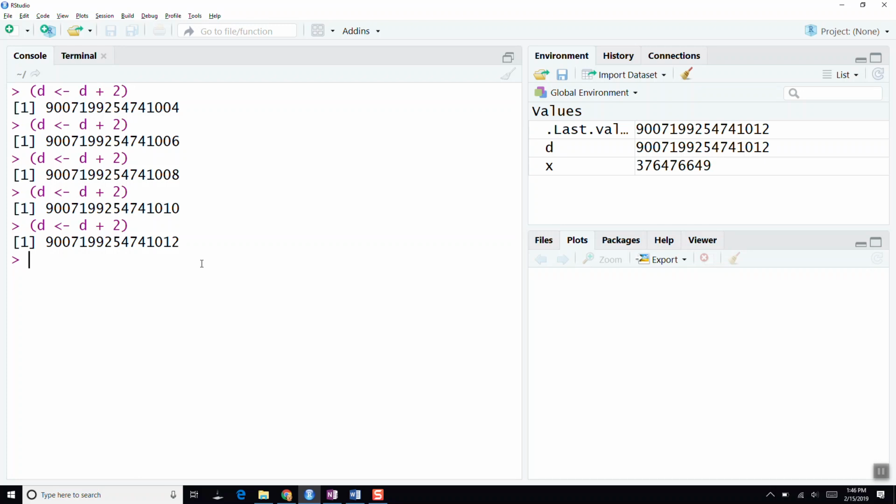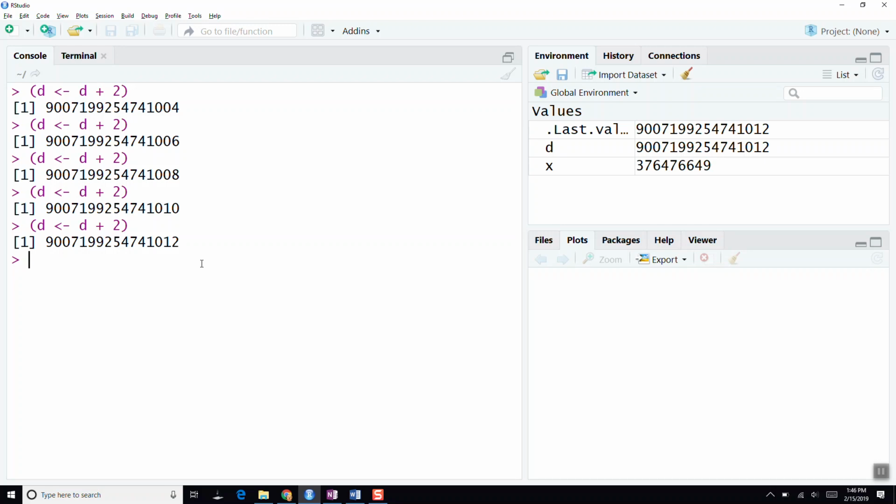Basically, the step size is about 2 to the... no, what is it? Because we're using 52 bits in the mantissa, the step size is 2 to the negative 52 of whatever value you currently have.